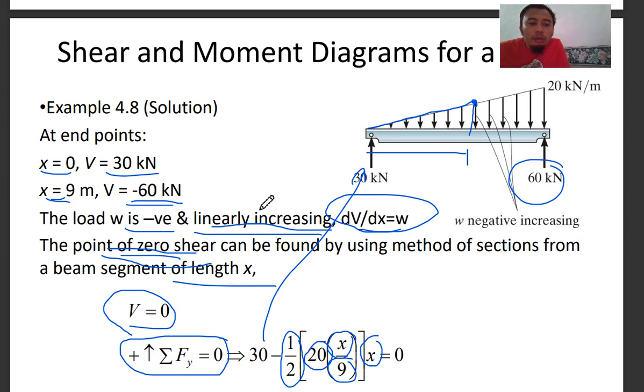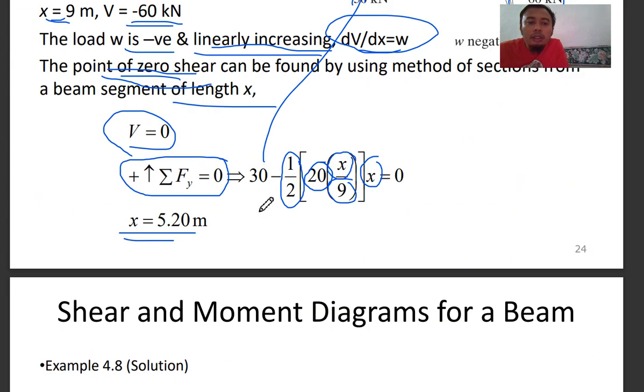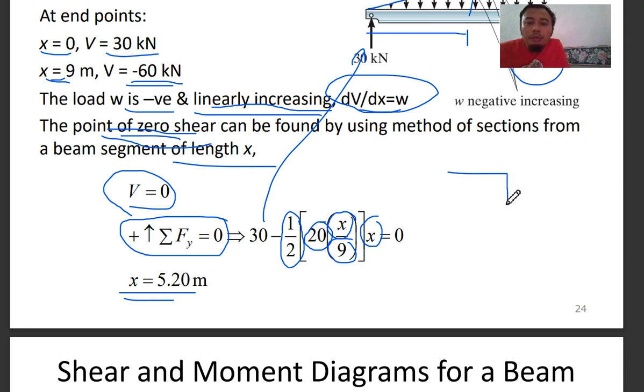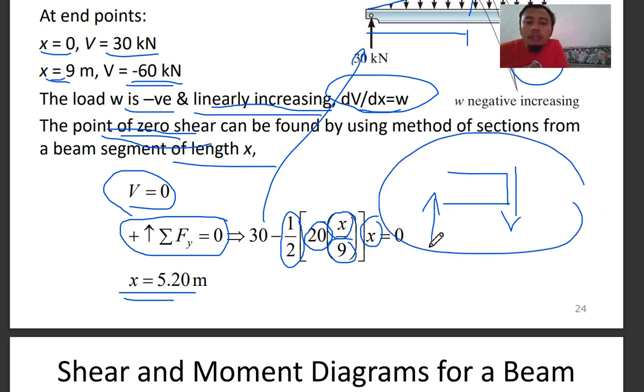So that's how you section the beam, right? For example here, section the beam, and then you apply your shear force. You need to assume that downward is positive. So if you draw this diagram, say you have 30 kilonewton here, and then you have a distributed load proportional to 20 over 9 times x, the peak load here.